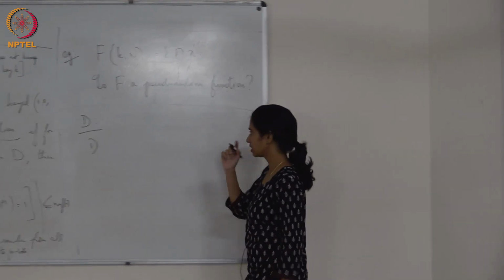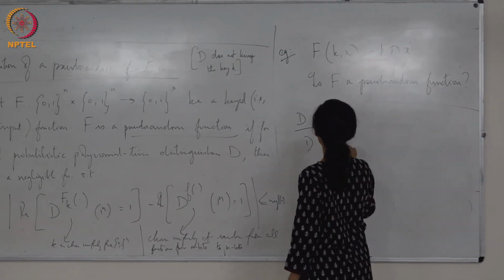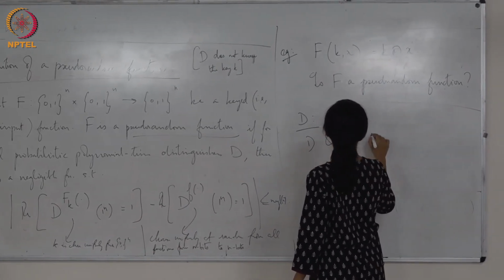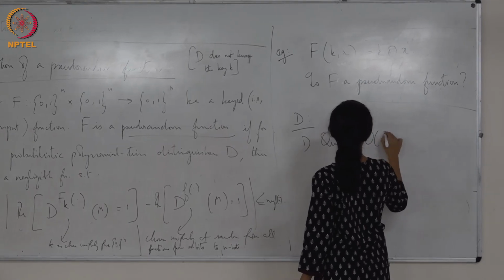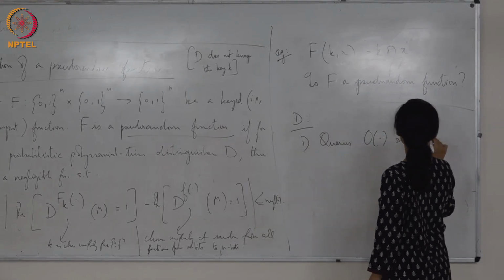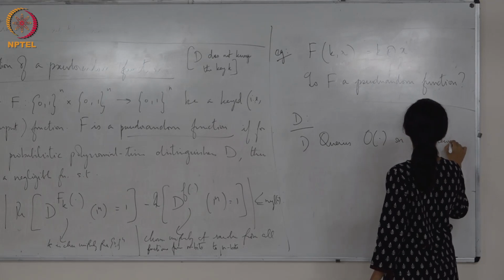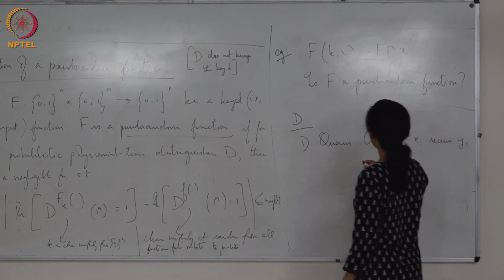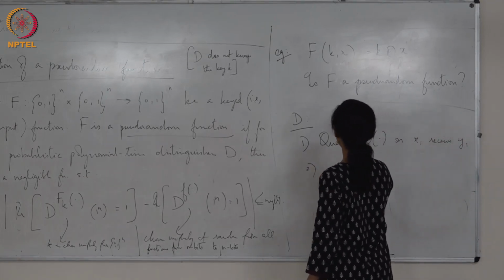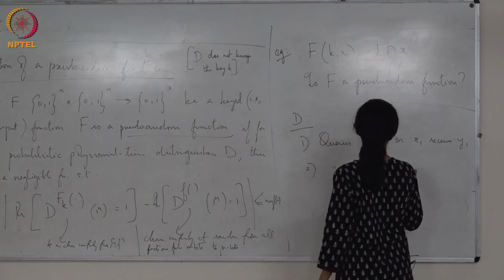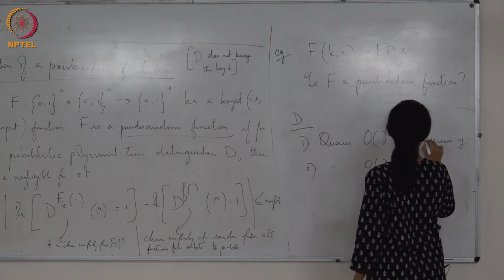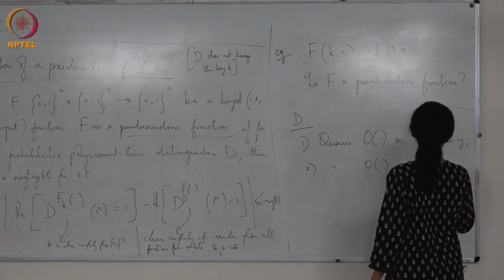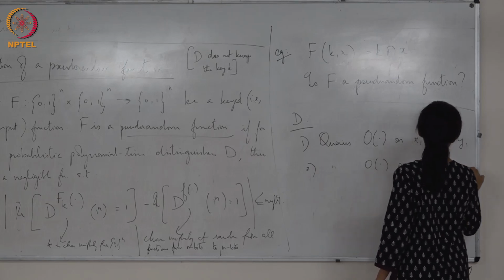For instance, D queries O on x1, receives y1, D queries O on x2 and receives y2.